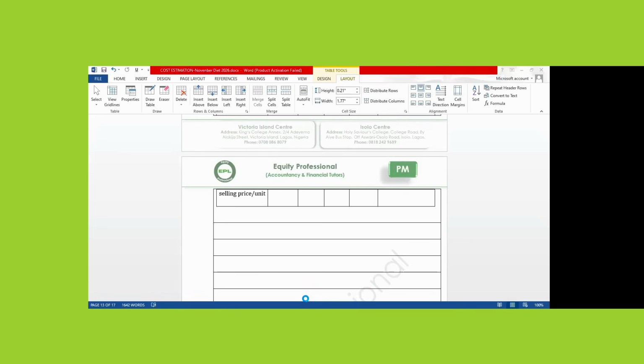How can you estimate future costs? What are the methods of estimating cost? Why do we need to understand how to predict or estimate future costs?